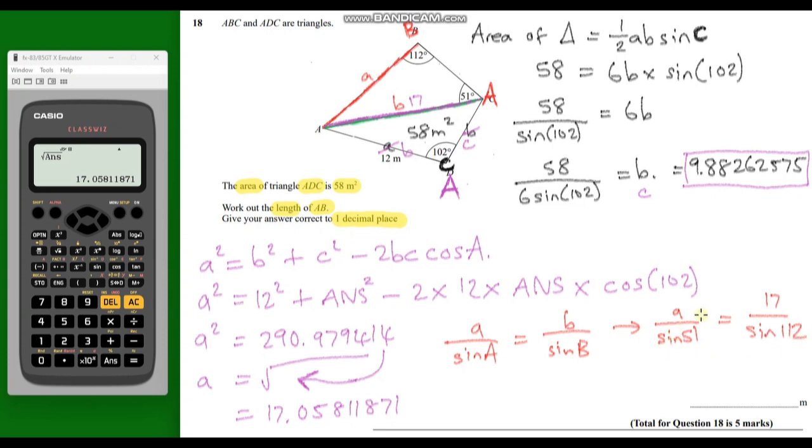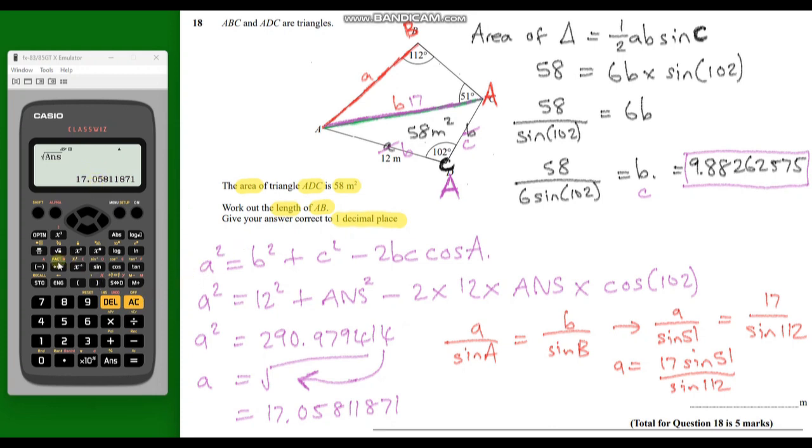So to work out what a is, we just need to rearrange the formula. So if we multiply everything by sine of 51, we're going to have a is equal to 17 times the sine of 51, all of that over the sine of 112. And hopefully when we put this into the calculator, it should give us our answer. And I'm not going to use 17. You can see that we've got that stored on our calculator, so we can just use answer for that.